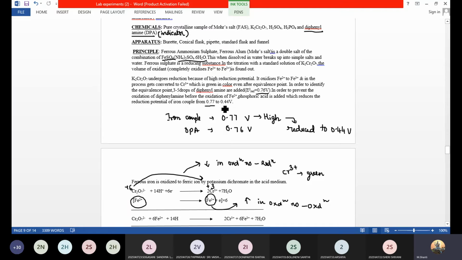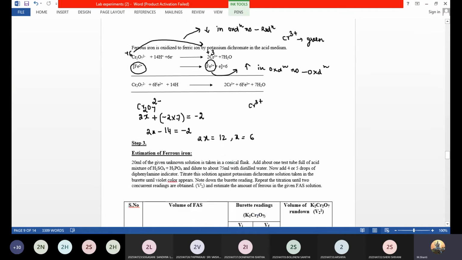Since its potential is reduced, first iron gets oxidized, then the DPA will get oxidized, indicating the end point, that is the color change at the end point. Am I clear now?